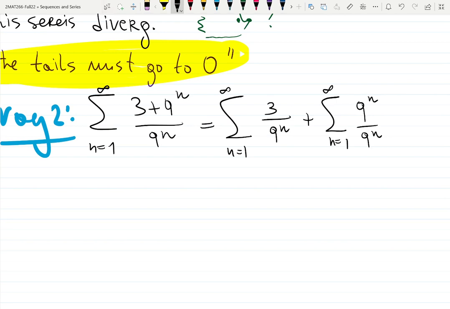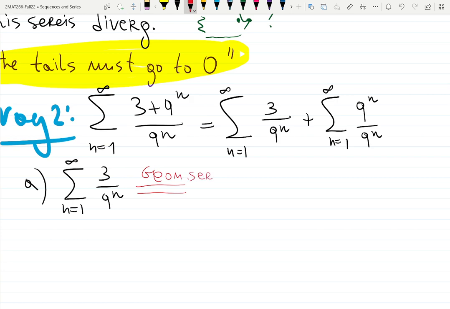Let's see. The first one is 3 over 9 to the n. That is a geometric series. If you check the tails, they do go to 0, right? So tails go to 0, but that's not necessarily mean converges. So we check and recognize that is a geometric series.